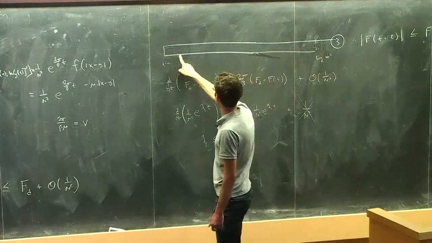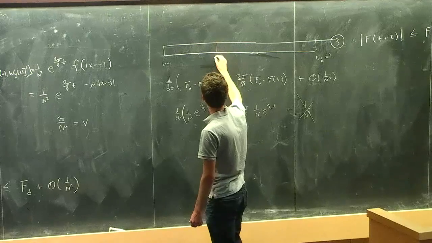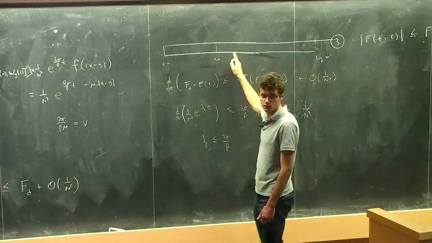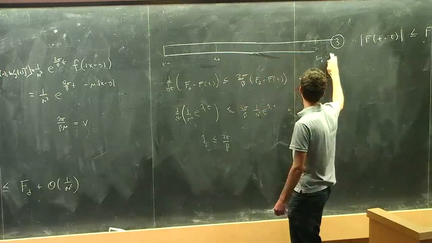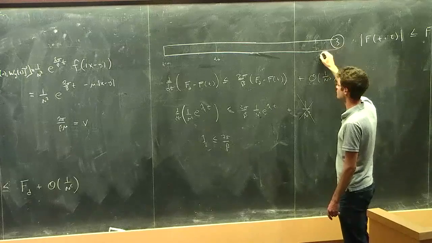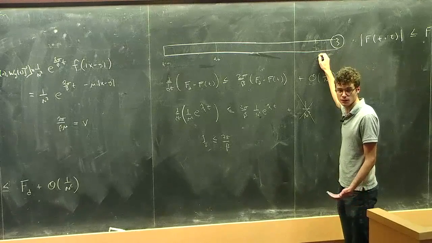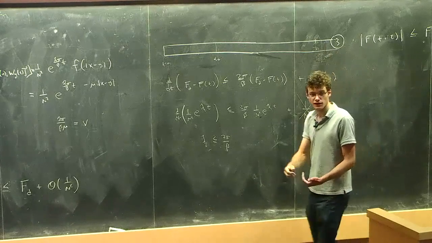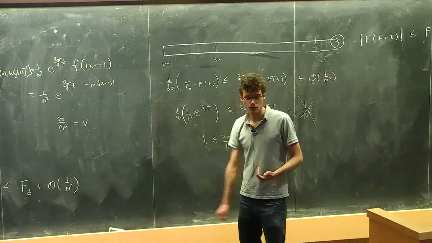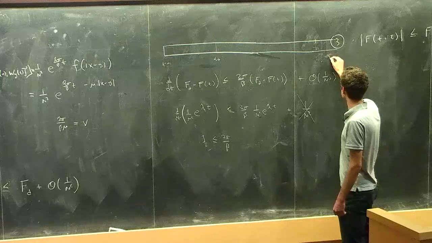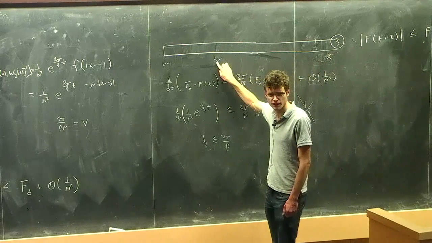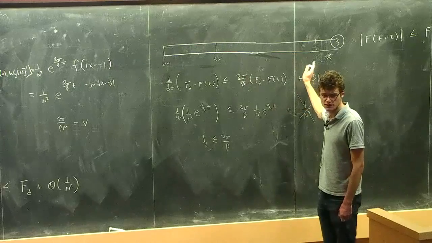So we begin the argument at some intermediate time, t naught, which is chosen large compared to beta, but small compared to log n squared. The small parameter here would be the distance between the operators we're considering. So the commutator is small until a time of order the distance between the operators. So we choose a t naught, which is large compared to beta, but small compared to that distance.